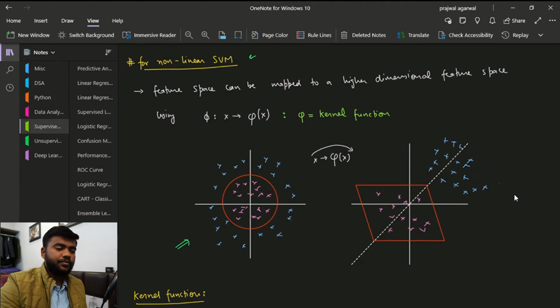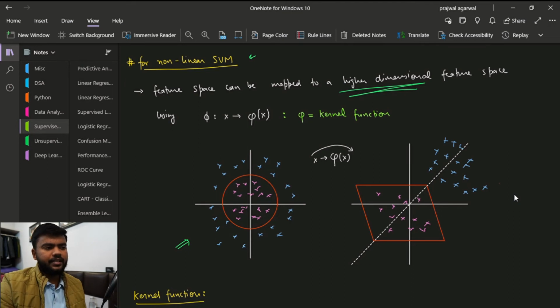For that, we increase the dimension. We map the feature space to a higher dimension, and I don't think this is a very good idea, because in machine learning our approach is to reduce dimension instead of increasing it, because the more dimensions our data set has, the more expensive computation becomes. But still that is how we approach this problem.